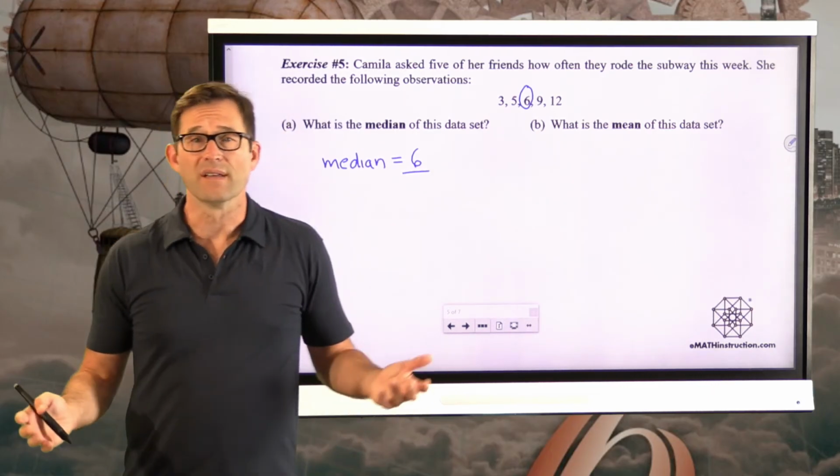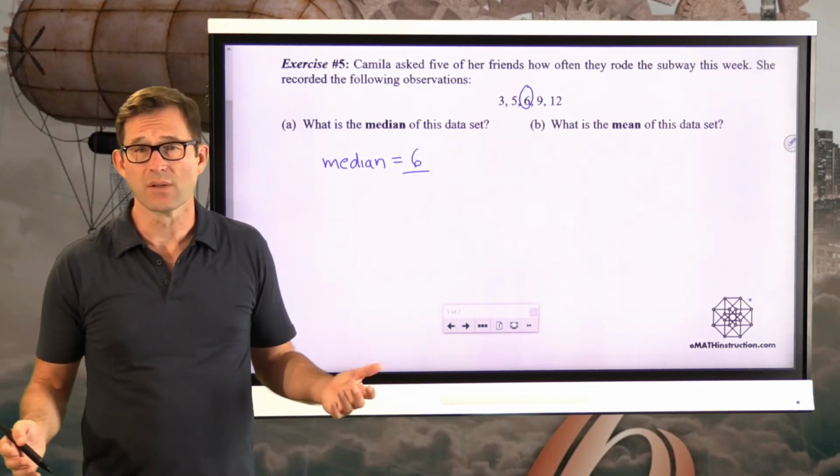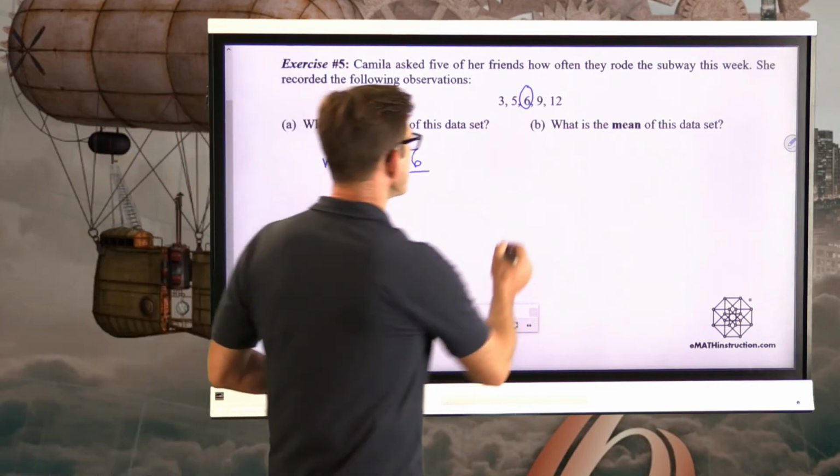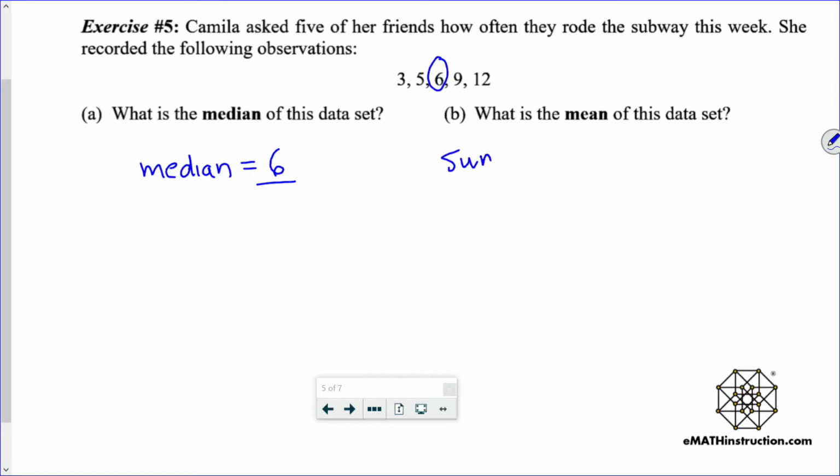The mean always takes a little more work because you've got to add them all up. Now this time, because the numbers are relatively small, I'm just going to do the sum without stacking them vertically. I have 3 plus 5, which is 8, plus 6 is 14, plus 9 is 23, plus 12 is 35. So the mean is going to be equal to 35 divided by 5, which is equal to 7.